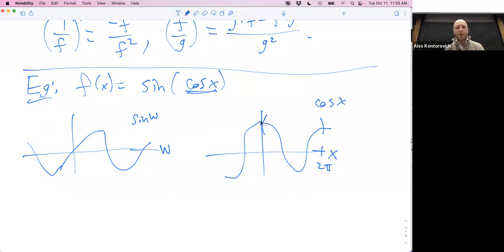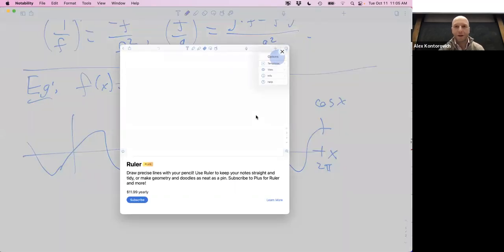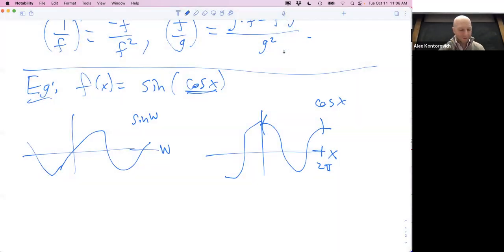So what happens to cosine? Cosine ranges from minus 1 to 1. As x ranges, the value of cosine ranges from -1 to 1.